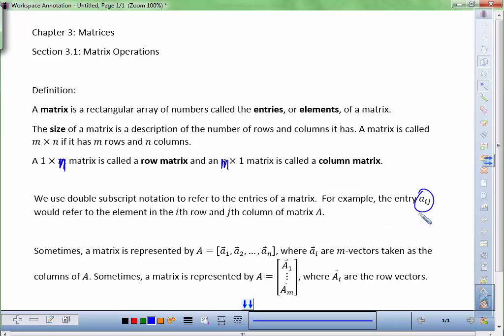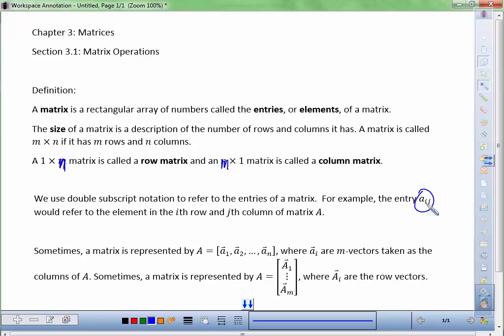Any two-dimensional array, for those who have taken computer science, you're looking at how to find one slot in a two-dimensional array, so you need a double subscript.